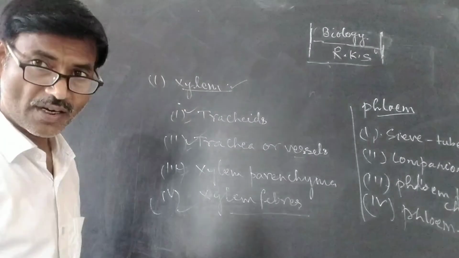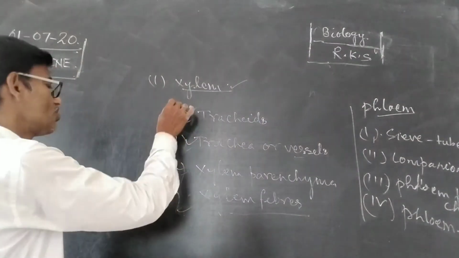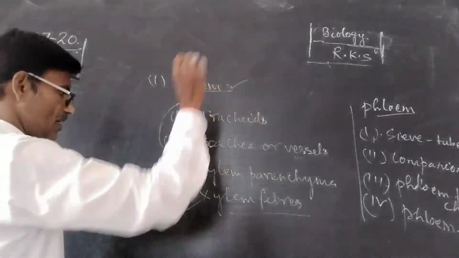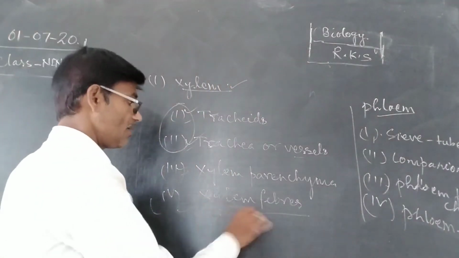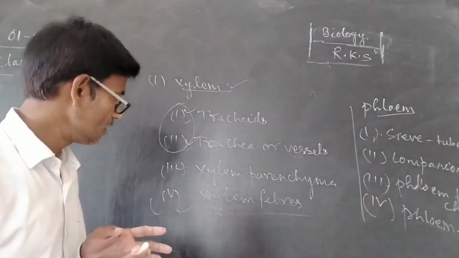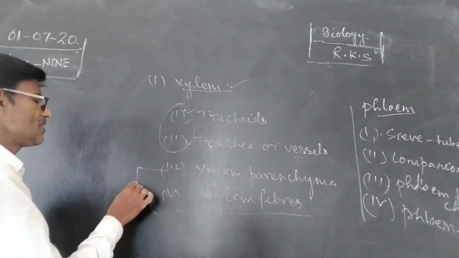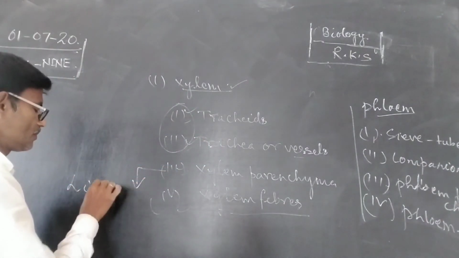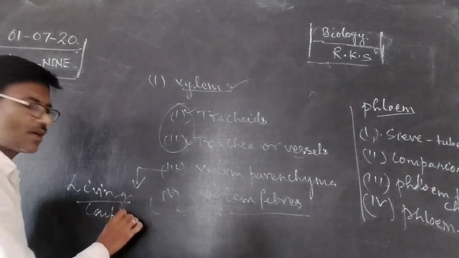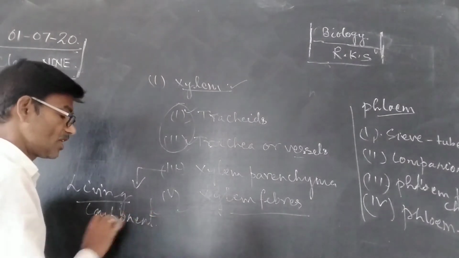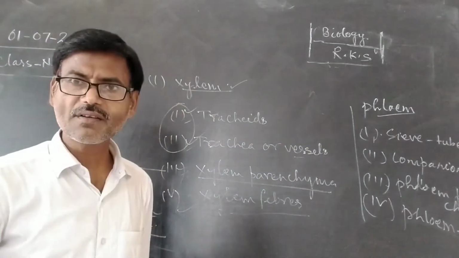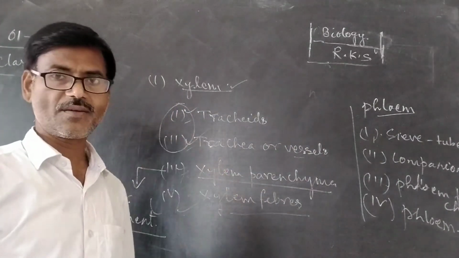Of these four cellular components of xylem, tracheids, trachea, and xylem fibers are non-living or dead cells, and only one is living, that is xylem parenchyma. All others are dead cells.